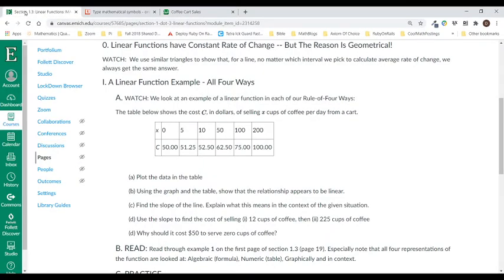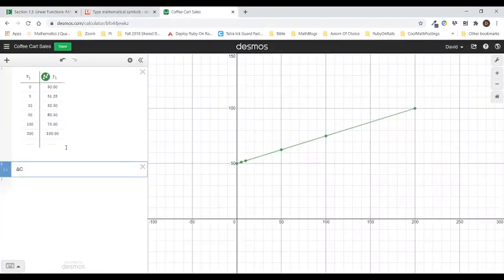They used C and X. All right, so we're going to calculate delta C over delta X. Why don't we just do the 200 minus 100? So this is going to be 100 minus 75 divided by 200 minus 100. I believe that's going to be something like 0.25.